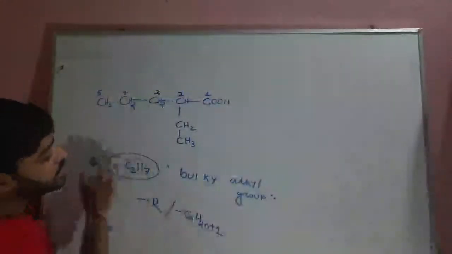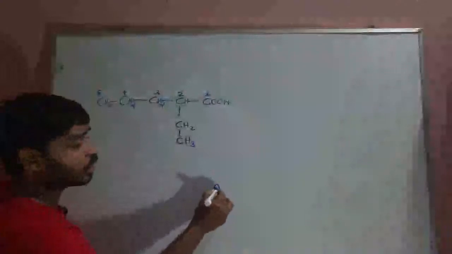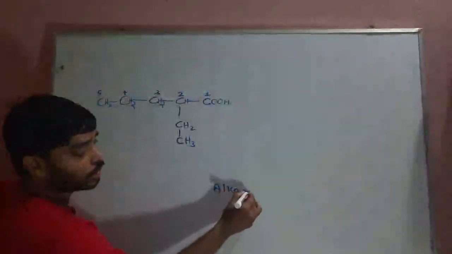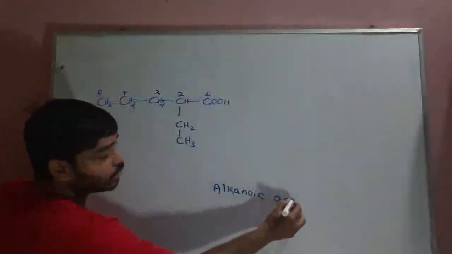In this case, I told that acid has the IUPAC name alkanoic acid. So alkanoic is the suffix for carboxylic acid.